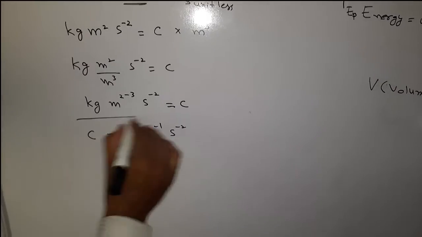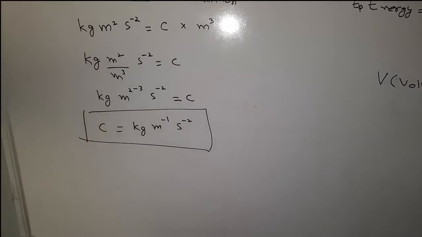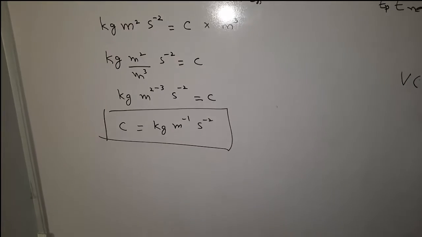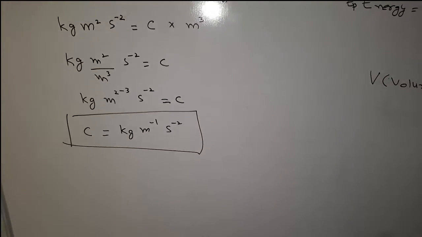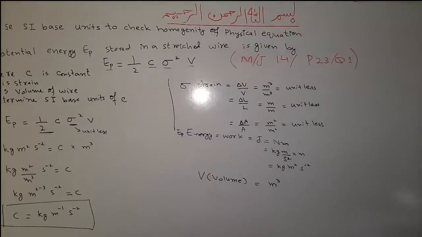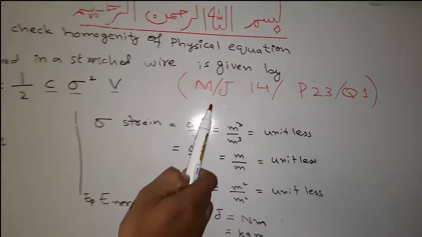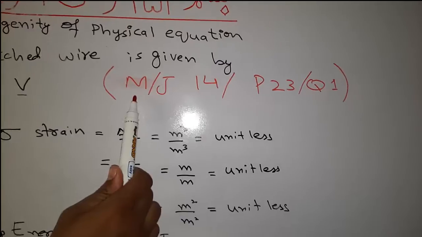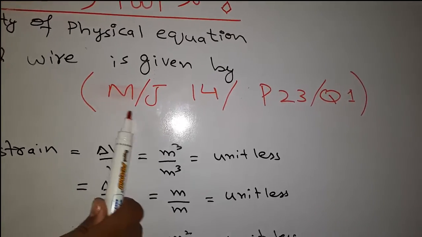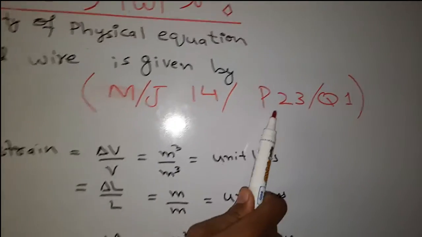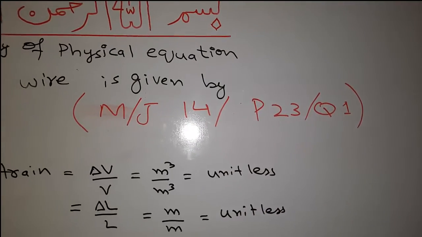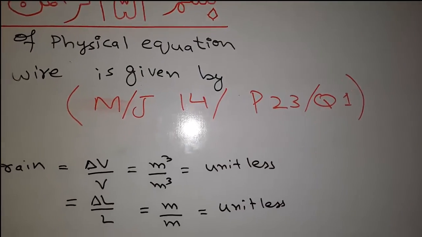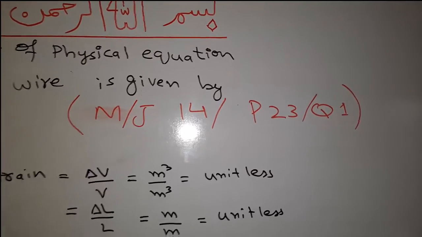So this will be the unit for the constant C. So this is the third question. Take a screenshot to understand it. And this was a question for CIE A levels, and its code is May-June 2014, paper 2-3. This was question 1. Again and again I am repeating that they will give a question number 1 belonging to this SFO.